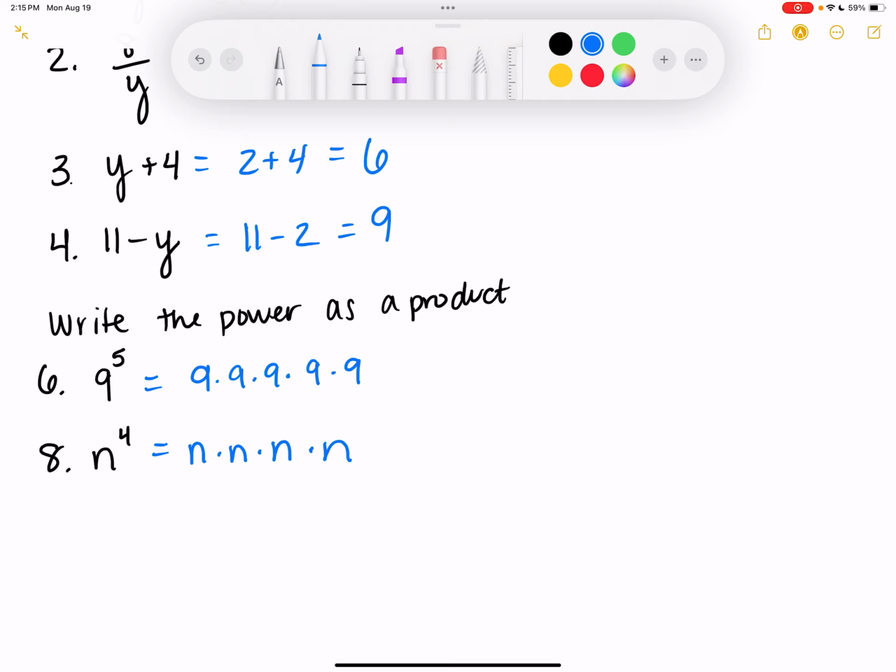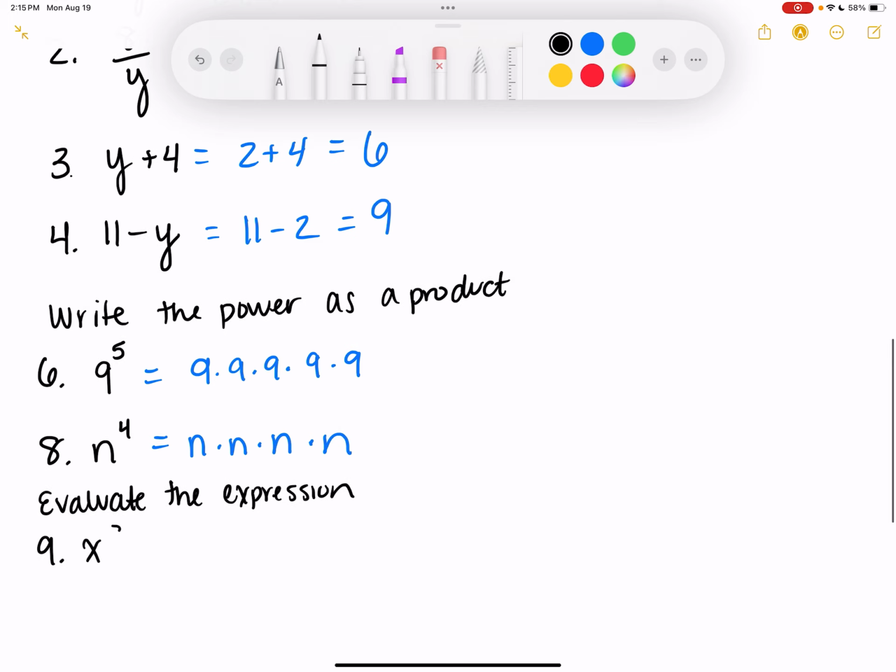All right, evaluating the expression. These ones are all different. Number 9, x cubed when x is equal to 8. So that means I'm combining the two things that we've just done.